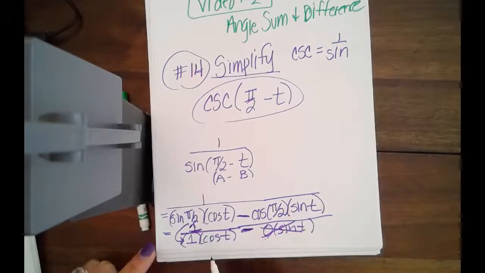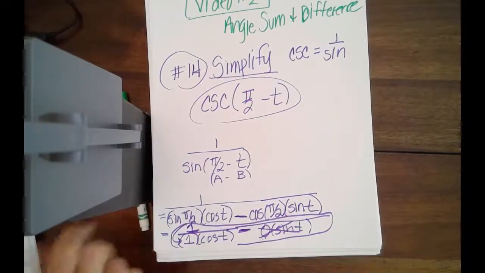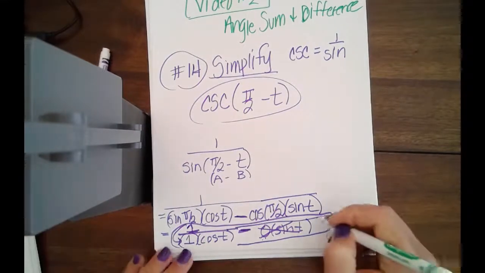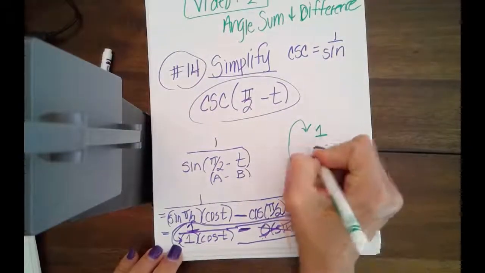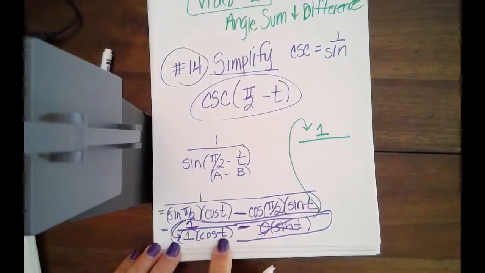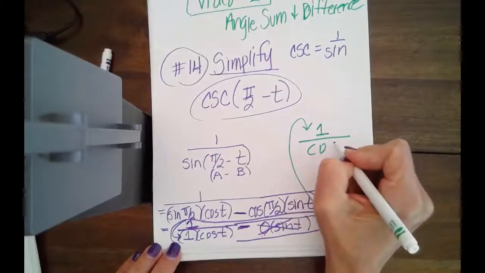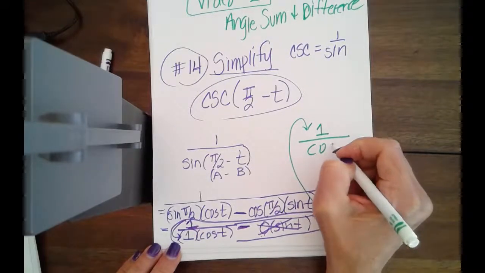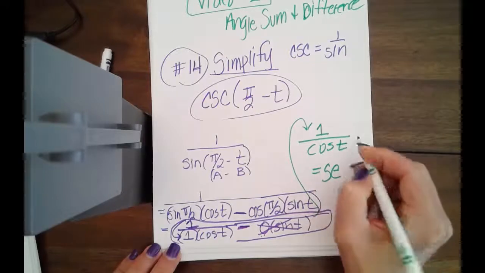So what we're left with, I'm going to circle the entire fraction and change colors. In green, we are left with 1 upstairs over 1 times cosine t minus 0. That's simply going to be cosine t, which is equal to secant t.